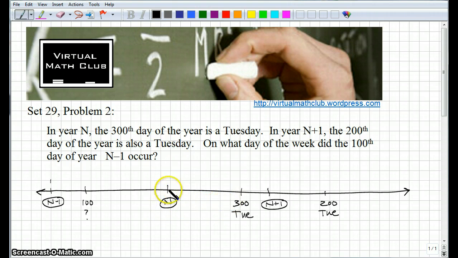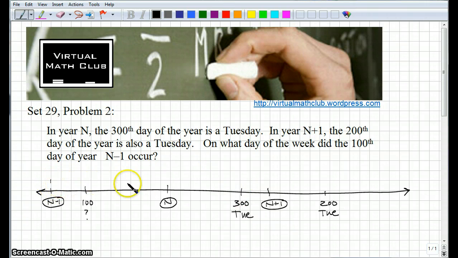Another hint to you, besides drawing the timeline, is to convert all these days, the 100th day, the 300th day, the 200th day. Instead of measuring them with respect to the first day of their respective years, let's measure them all with respect to the first day of year n minus 1.